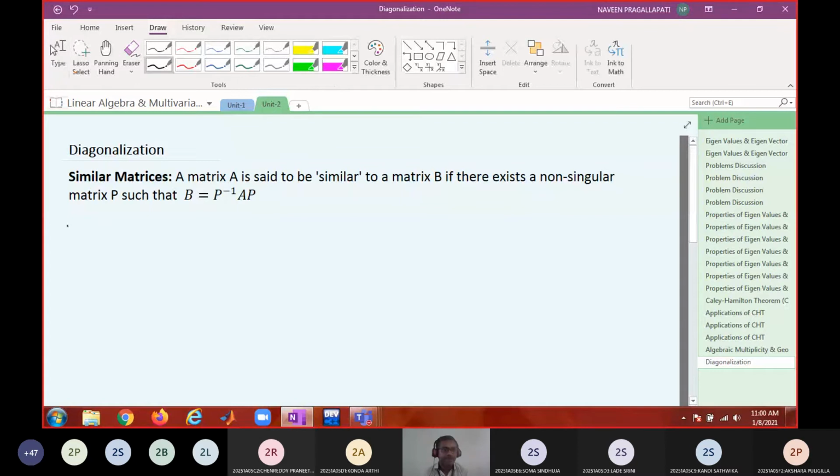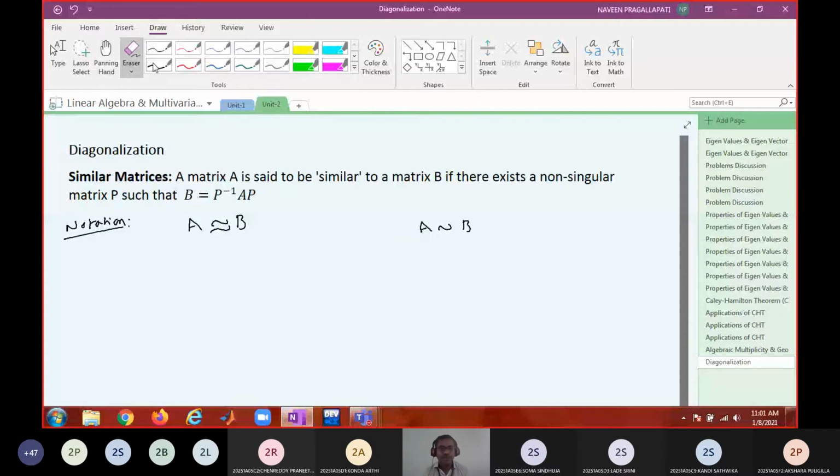You may write like this. Previously I wrote one symbol. What is this symbol called? Equivalent. This symbol we shall call it as similarity.